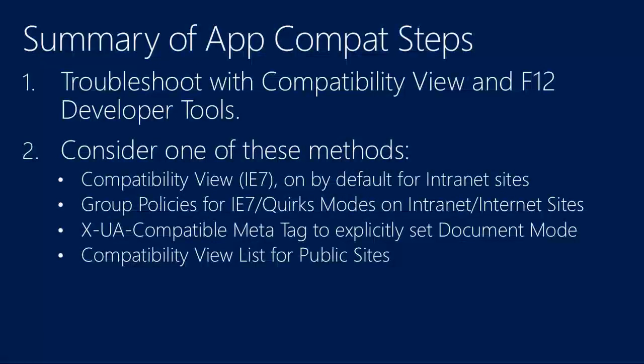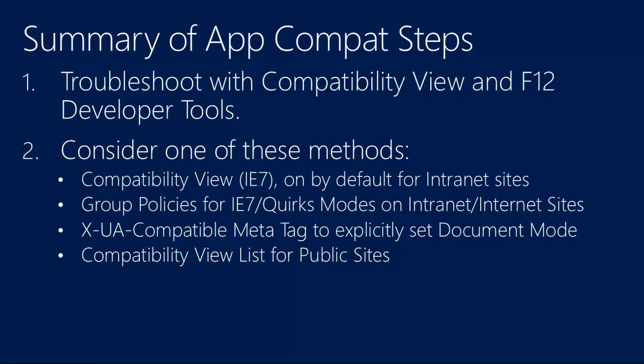Now, once you know which mode works, then you're in a position to figure out what tools do I have at my disposal to be able to set that mode explicitly. You can use compatibility view, again, on by default for intranet sites. You can use the group policies, but again, those are only for IE7 and Quirks mode. There's one I didn't mention because it's cheating a little bit, but it's minimal. You can add a meta tag to the site that's an X-UA-Compatible tag.